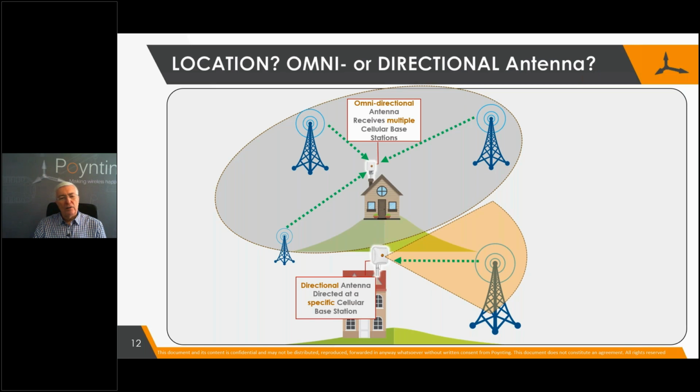Now, there are various circumstances in which you will choose one above the other, and that's exactly what we're going to be looking at further down the line. So the directional antenna has the ability to discriminate against signals, as you can see there, that may be interfering with the signal, and that's also one of the major advantages of a directional antenna when you're having to choose to use a single tower, as you can see over there.